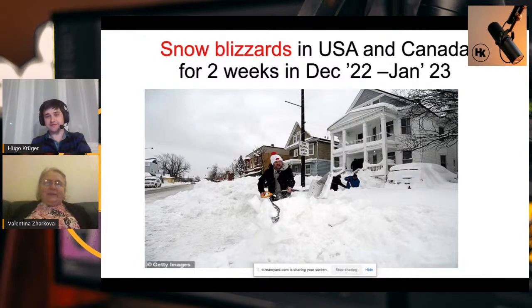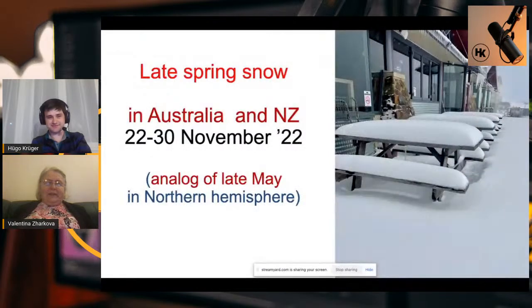Remember? We even had a few days of snow in Paris. And late snow in Australia, on the 30th of November. It is the beginning of summer. The 1st of December is summer in Australia. They had snow for a whole week. It's like our end of May.